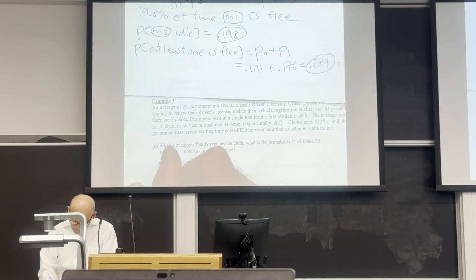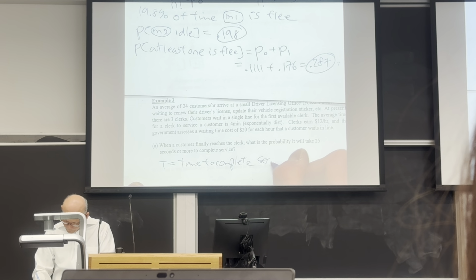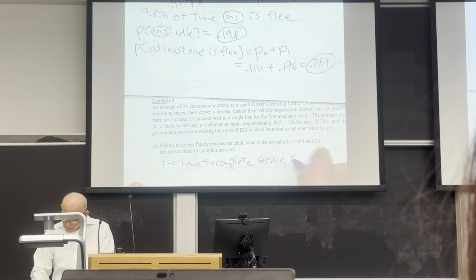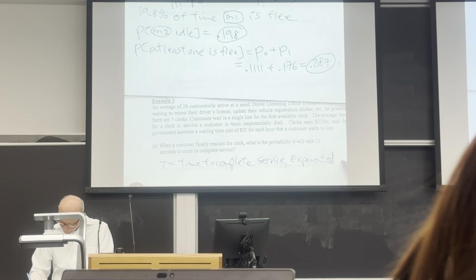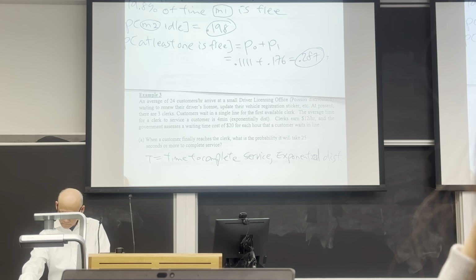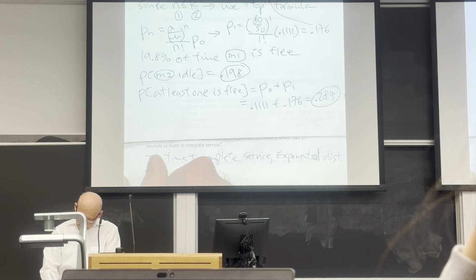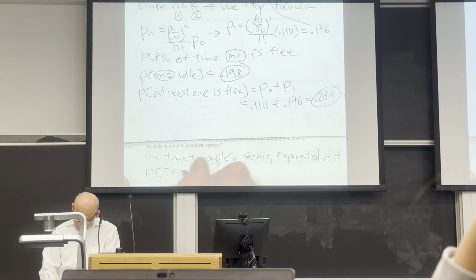Okay, so T here is time to complete service, and it is exponentially distributed. And so we have the exponential distribution formula from the first or second page.